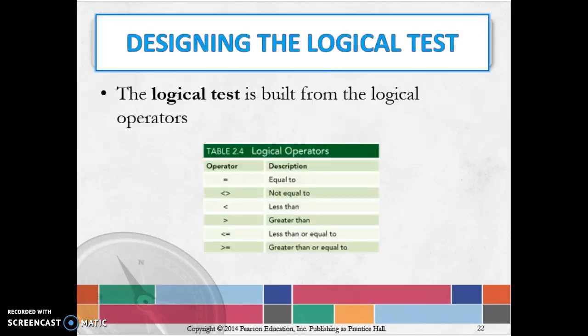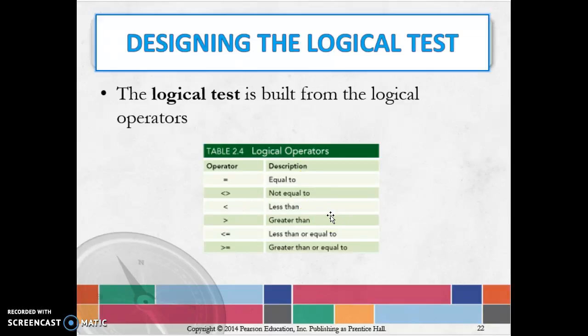Basically, it's going to be built from different logical operators. So these are some of the things you can do. You can choose for something to be equal to, not equal to, less than, greater than, less than or equal to, and greater than or equal to. All of these different logical operators are things that you can use as you are building your if function.